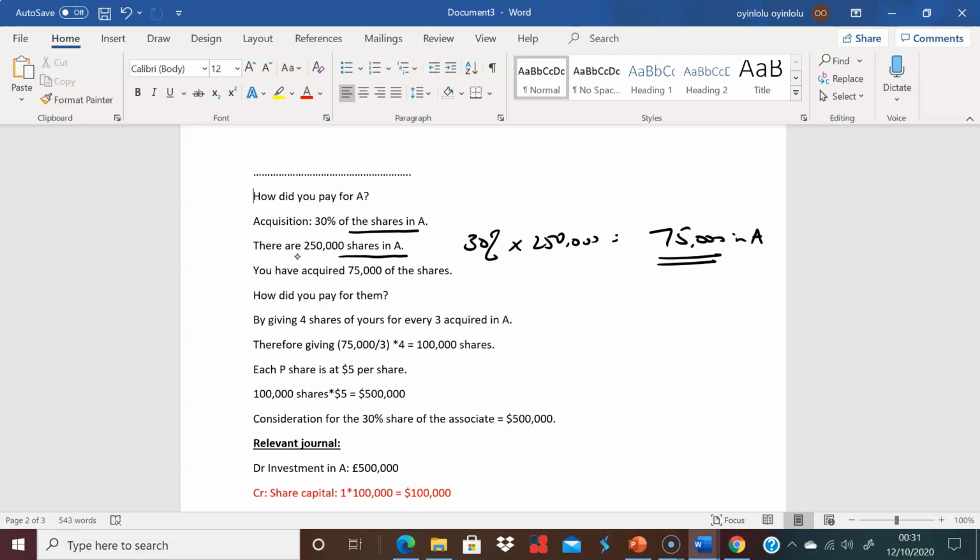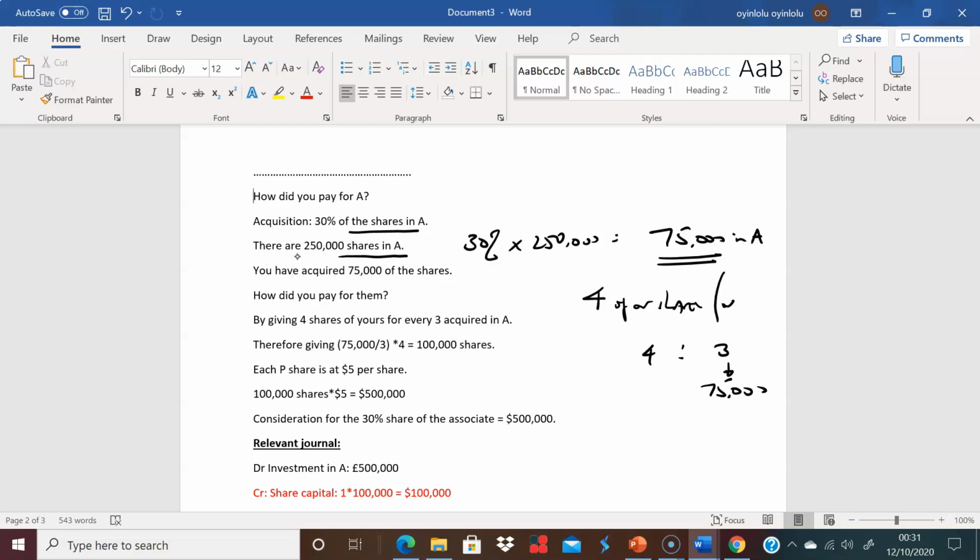How did you acquire them? It says that what you did was, you said to the people in A, we will give you 4 of our shares for every 3 of your shares that we have acquired. So really, you've said, listen, just think of the ratio of 3 to 4, so to speak.